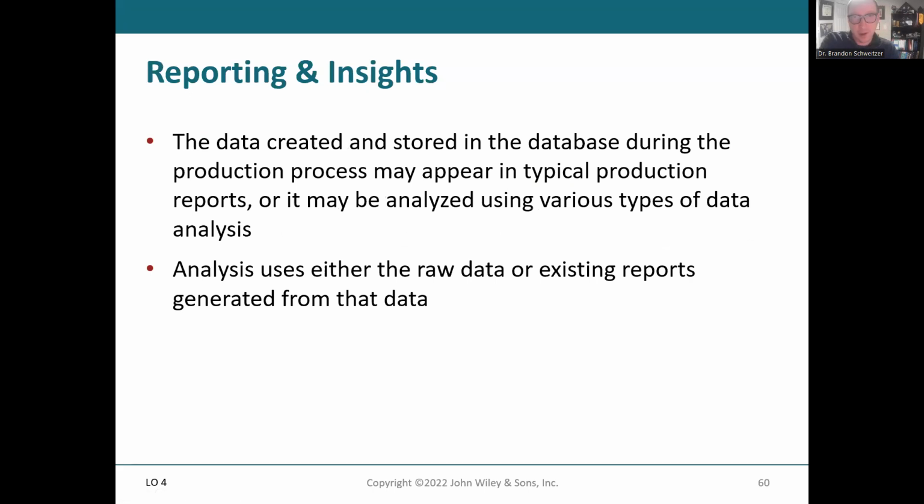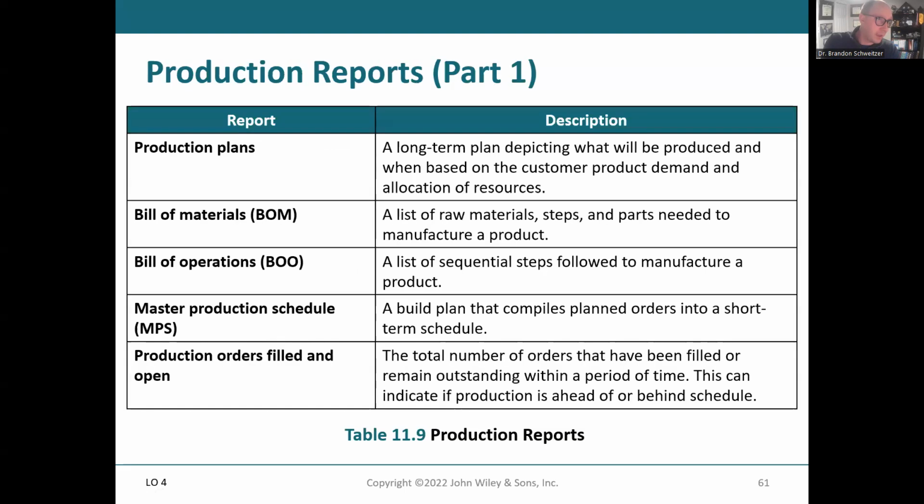Reporting and insight: of course, that data being stored can be visualized and translated onto existing reports. Those reports are production plans, bill of materials, bill of operations, master production schedule, production orders filled and open.